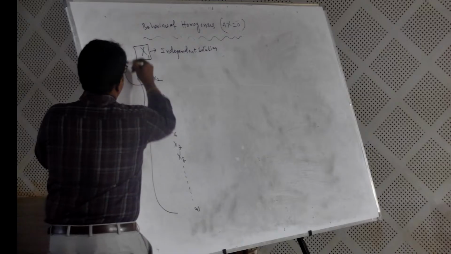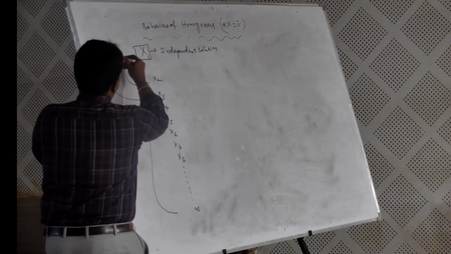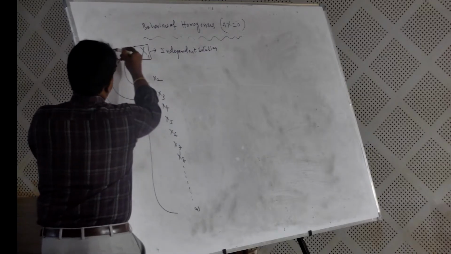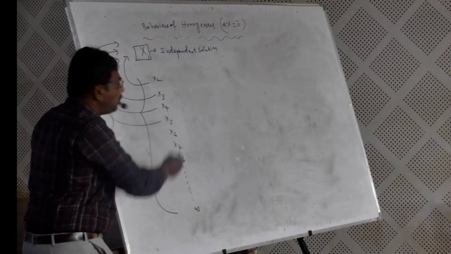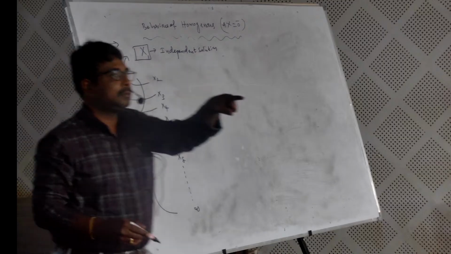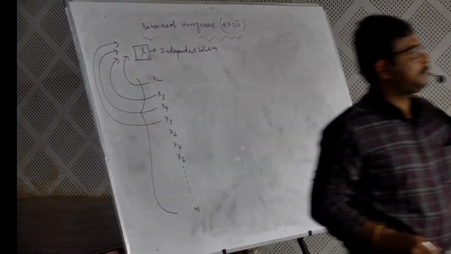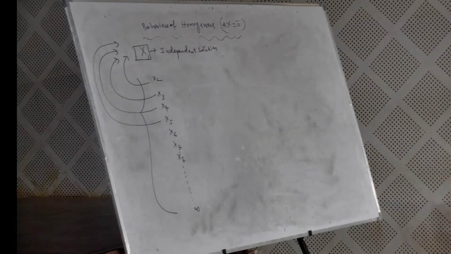Like this x2 will depending on that. This x3 will depend. Every solution will depending on x1 only. Here x1 is the boss, and remaining are his followers. X1 is independent, is not depending on anyone. But whereas x2, x3, x4, x5 all are depending on x1.